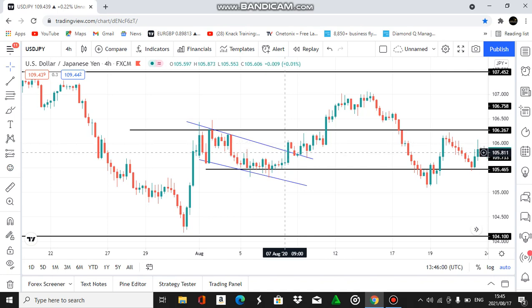No, a breakout is when the market breaks your trend line and closes outside it, like this. Look at this candlestick. The market broke and closed outside. This is what we call a breakout. So the market went up and closed outside, and then did some retest and then went up again.